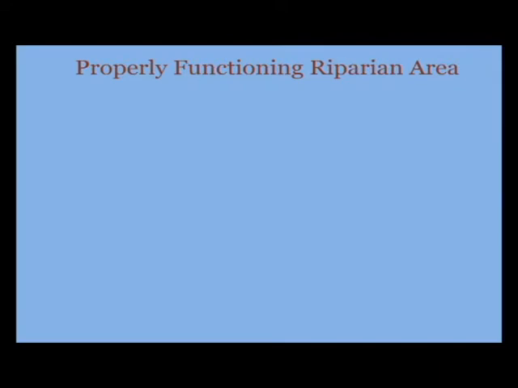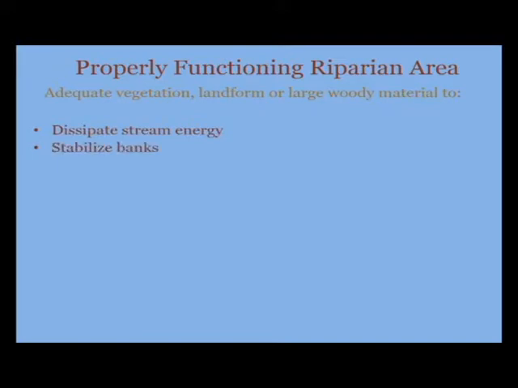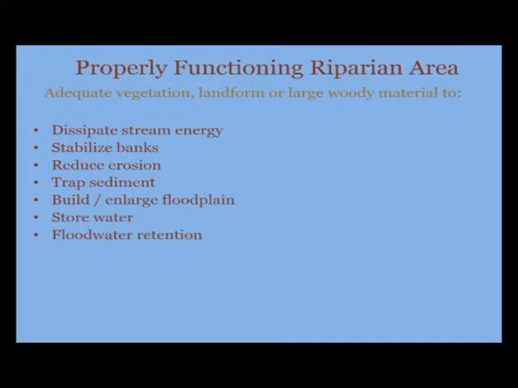Much of this course will focus on physical function. A properly functioning riparian area along moving water is defined as one that has enough stuff: vegetation, landform, and large woody material, all enough to first and foremost dissipate stream energy, stabilize banks, reduce erosion, trap sediment, build or enlarge the floodplain, to store water, floodwater retention, groundwater recharge, and sustain base flow.